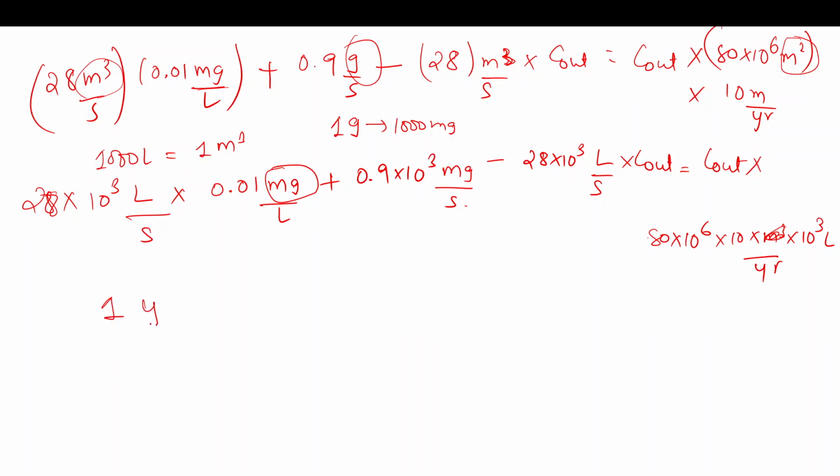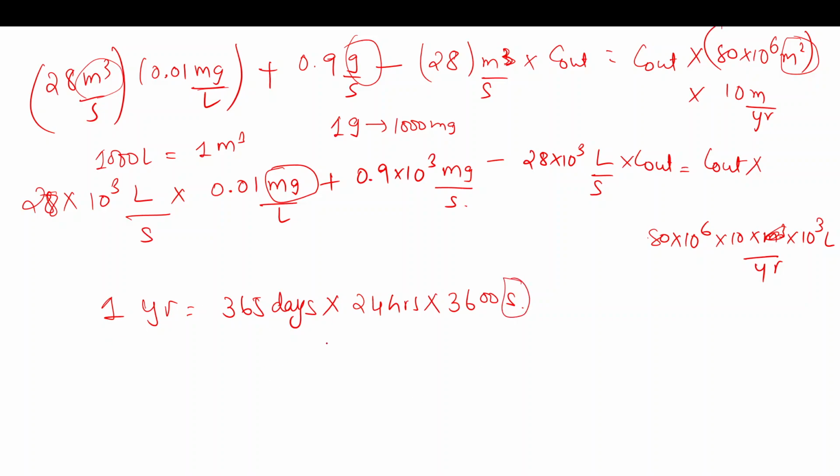For that, 1 year has 365 days, 1 day has 24 hours, so 365 days into 24 hours is the total number of hours, and 1 hour has 3600 seconds. This is the conversion of 1 year into seconds.